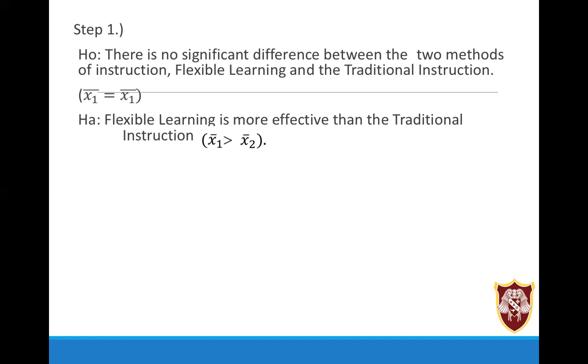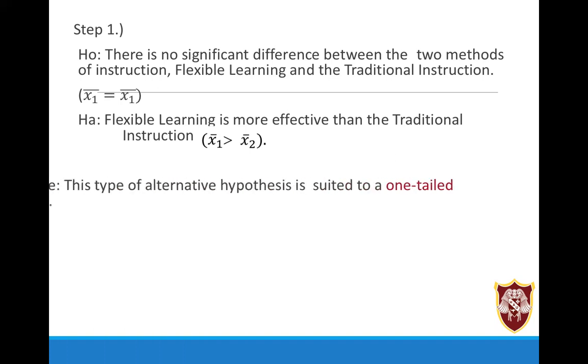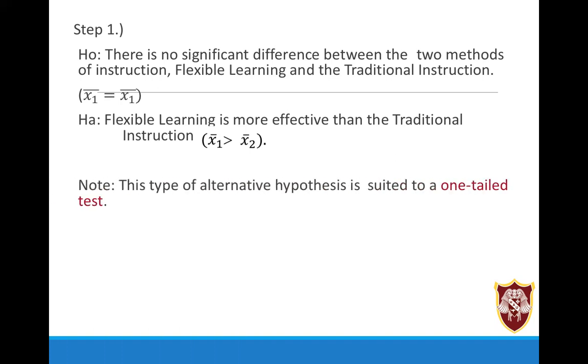So the difference between the two average scores are not the same, no? So the first one is greater than the second. So this type of alternative hypothesis is suited to a one-tailed test.